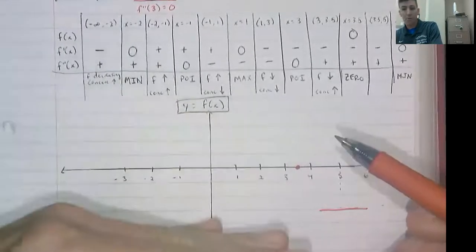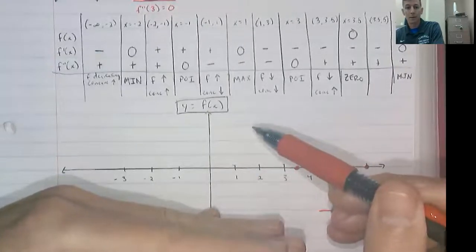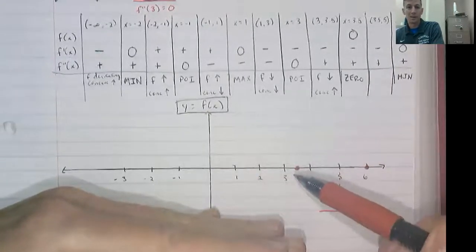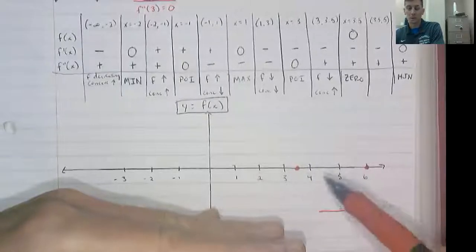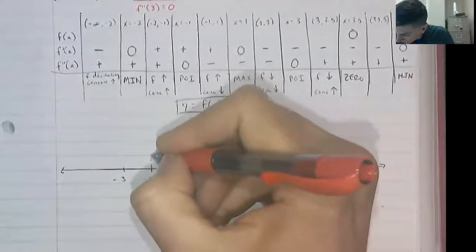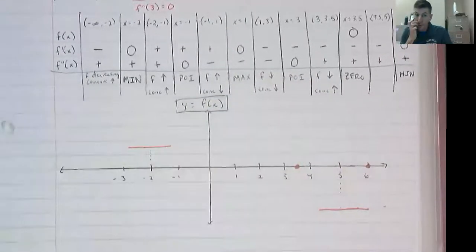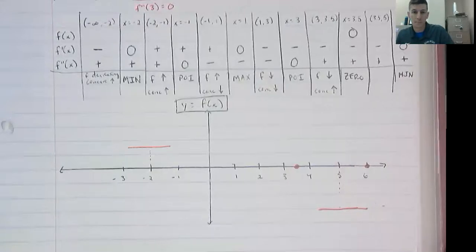Because if we tried to put it below the x-axis, it would need to cross the x-axis somewhere to come back down to this 0, which we already said these are the only two zeros. So at -2, we're going to have a minimum, and you can draw it wherever you want, as long as it's above the x-axis. There's your horizontal tangent at -2.